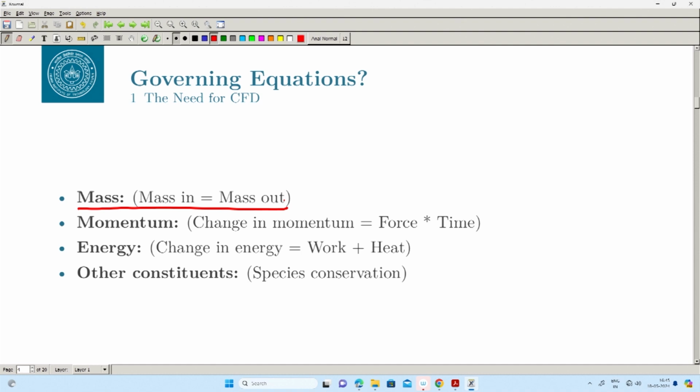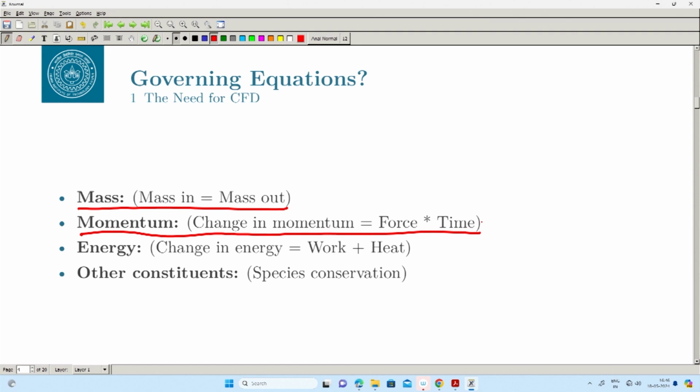There are different names for this mass conservation equation. We also call it the equation of continuity, and we will discuss that when we go into detail about the governing equations. Then you have the momentum equation.